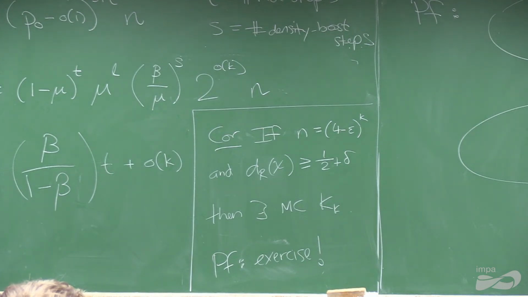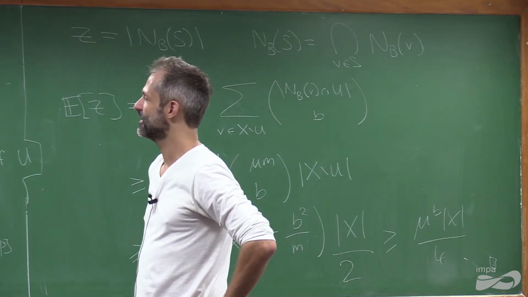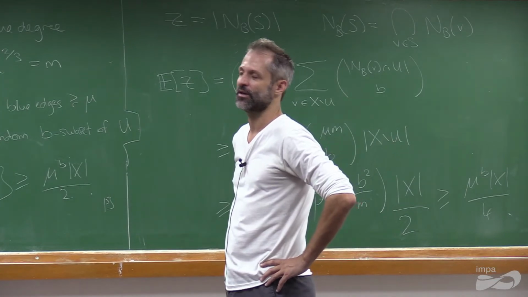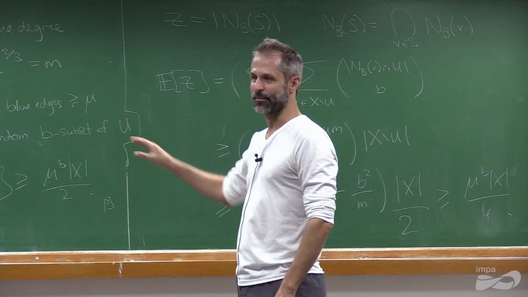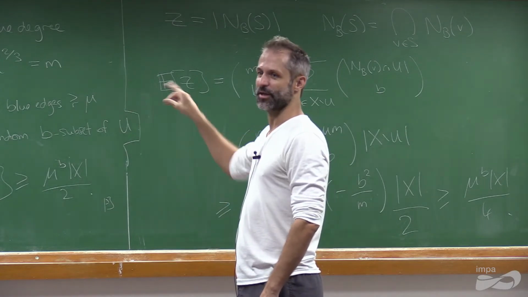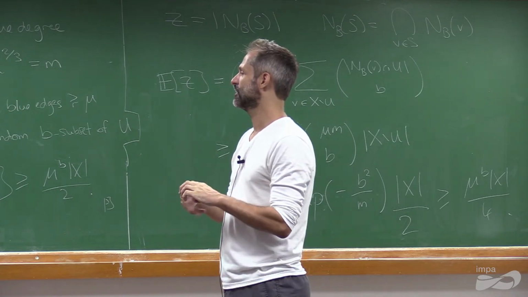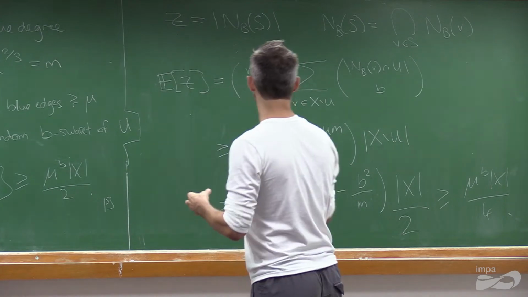Okay. This is for the diagonal case? Yeah, also for off diagonal. If your density is far from gamma, so 1 minus gamma plus delta, you'll get the same thing. Basically, you just use this lemma.